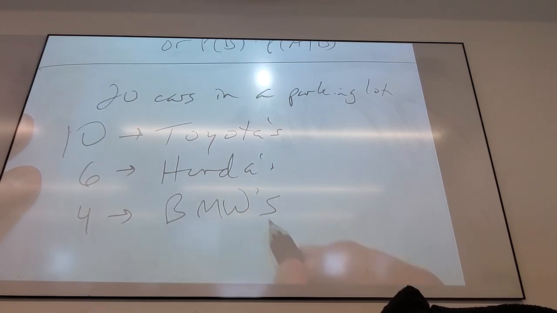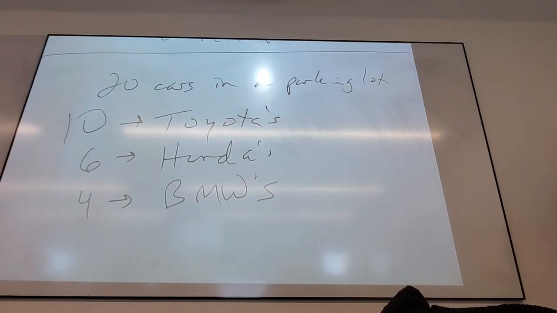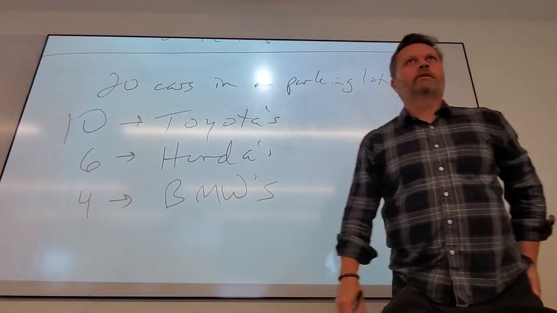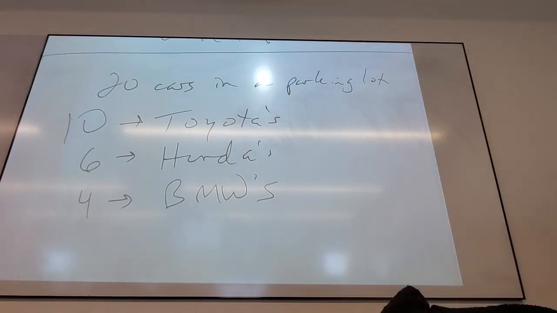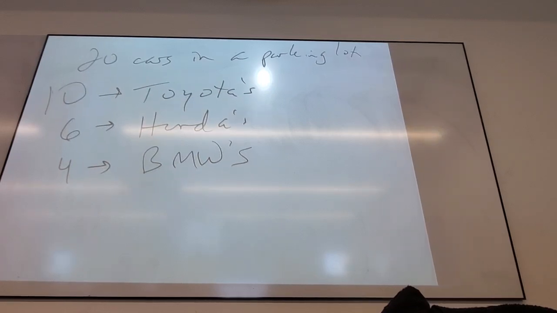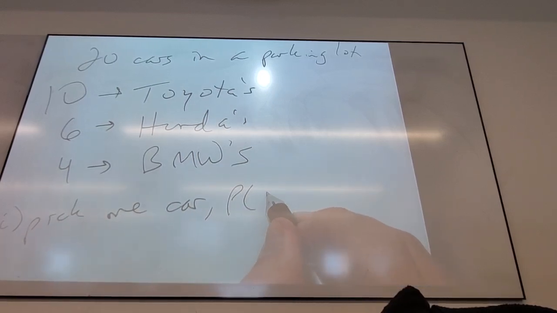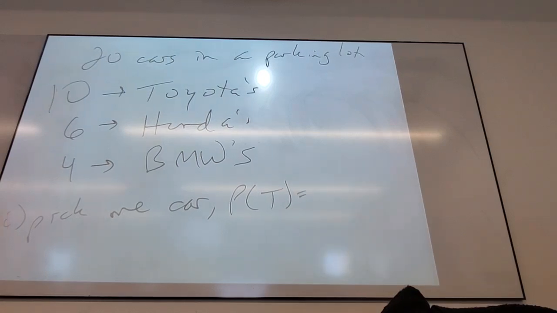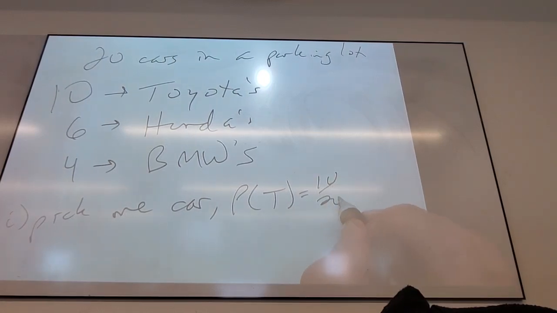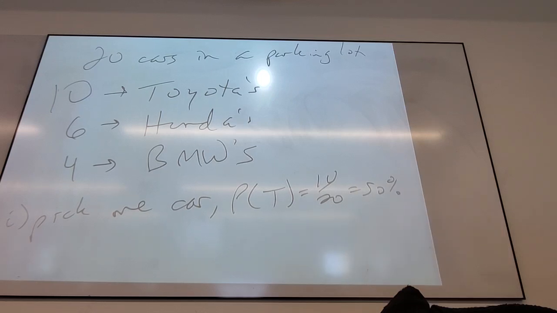BMWs. Oh yeah. Okay. Sorry if you're not represented. Now let's do a quick one. If I pick one car, what's the probability I picked a Toyota? 10 out of 20. Easy peasy.